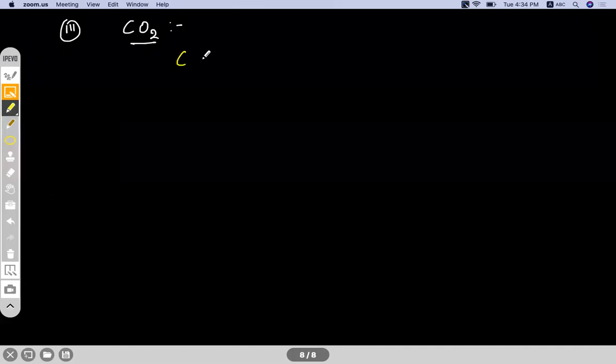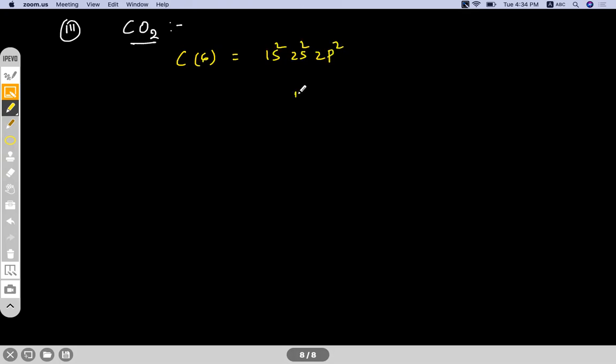Carbon has 6 electrons. So it is 1s2, 2s2, 2p2. Two electrons in 2s, and one electron here. But in the excited state, what happens?